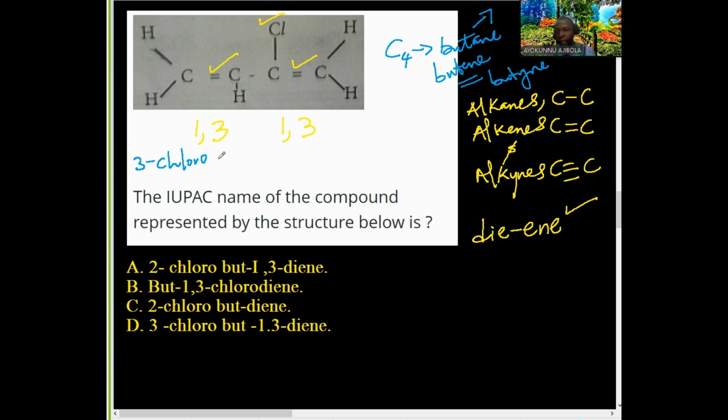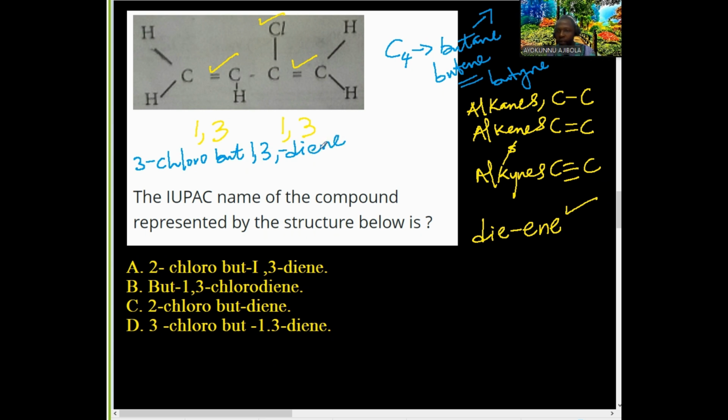So here now we have 3 chloro, but 1, 3 diene, okay? Fine.